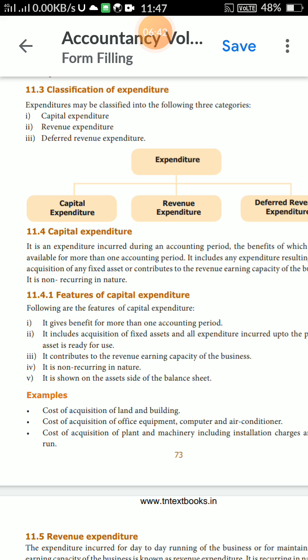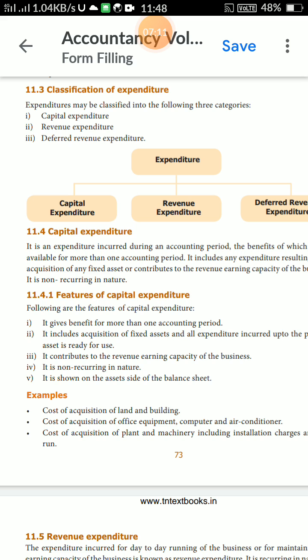It is non-recurring in nature. It is shown on the asset side of the balance sheet. Capital expenditure you write only on the asset side. Capital expenditure means, for example, installation of new machines.